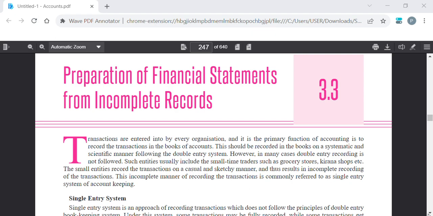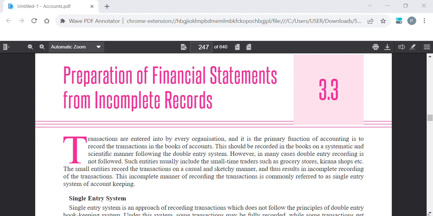One aspect means, suppose my husband gave me 30,000 rupees for household expenses. Here, 30,000 is my income. Now I'll start recording. 1,000 rupees I paid towards laundry.